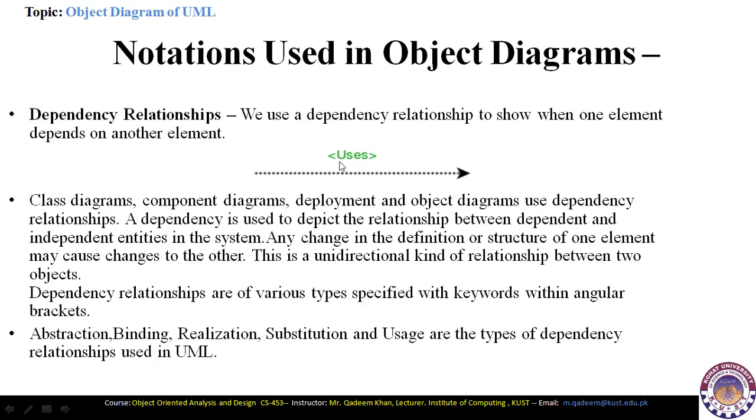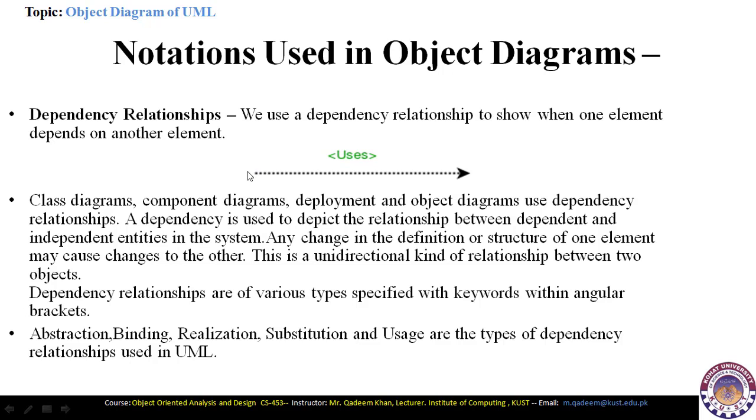These are certain relationships in the UML. For example, uses means that one object is using another object. Abstraction means that the objects are declared abstractly, so we can use only abstracts, like an abstract data type. Binding means that at runtime, when one changes the other will change, like late binding or early binding and compile time binding.